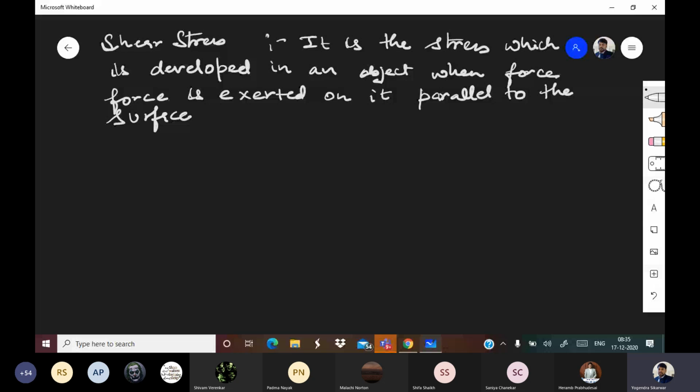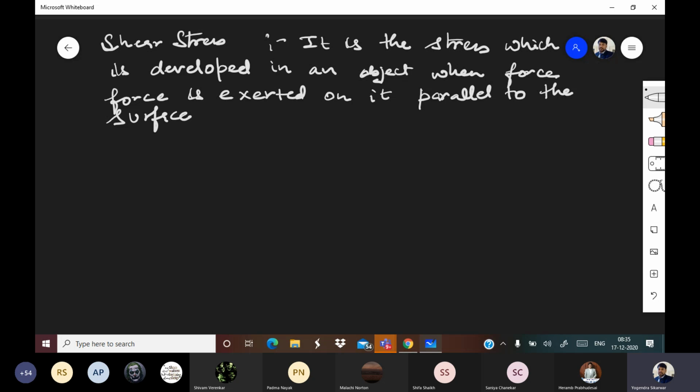Third example is, suppose you install an AC in a wall. Now that wall is not allowing the AC to fall, correct? So the wall is exerting force on the AC along the wall, opposite to gravity. That kind of force will also produce shear stress in the wall.